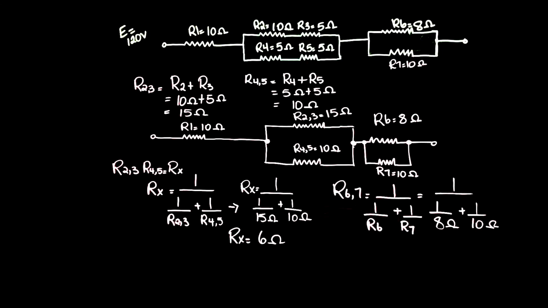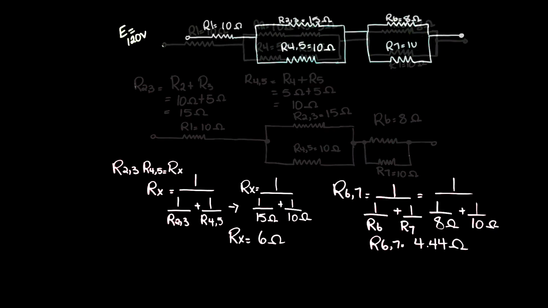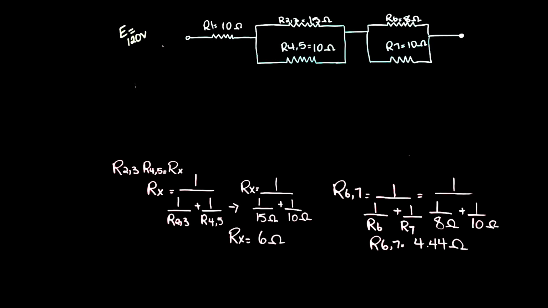When you put that into your calculator, you come up with a resistance value of 4.44 ohms. So now I'm going to take the time to redraw the circuit, taking the values that we've calculated using a reciprocal method, breaking the parallel branches down further, giving us a redrawn circuit that's going to look like this.